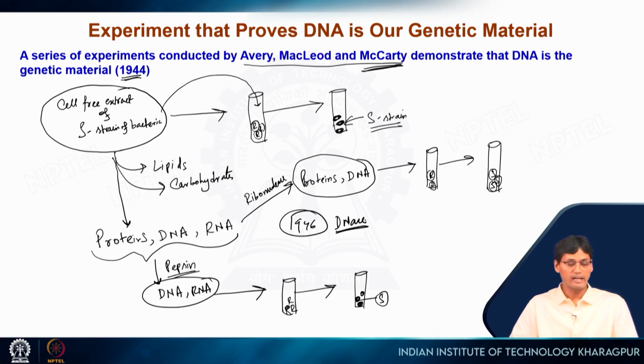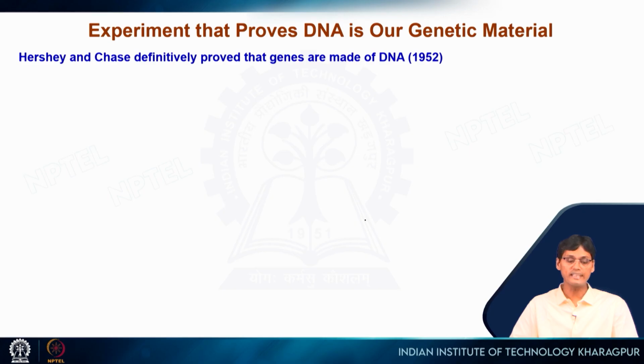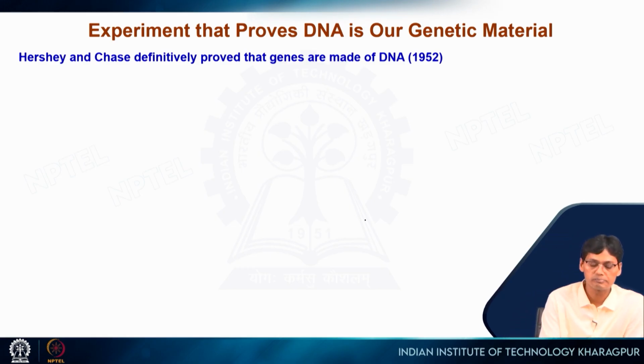But another group of scientists, Hershey and Chase, definitively proved that genes are made of DNA in 1952. This was a very exciting experiment, and after it, the scientific community agreed that DNA is our genetic material.